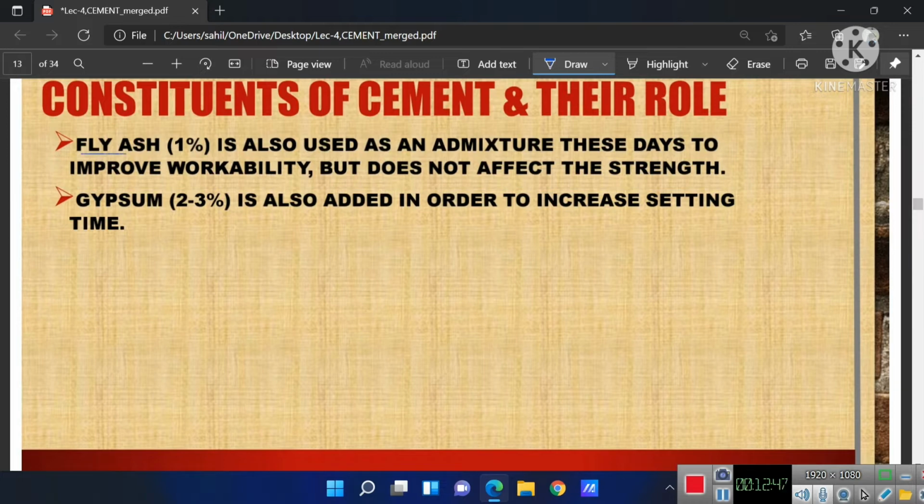Fly ash also plays a major role in eco-friendly and sustainable manufacturing of cement, because fly ash is a major disposed material from our thermal plants, which are mostly used all over our nation. And gypsum is also used in 2 to 3% in order to increase the setting time.